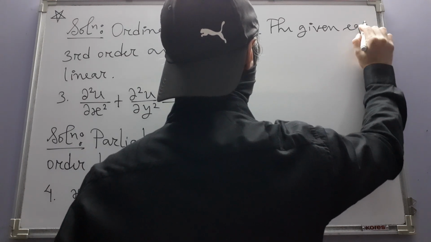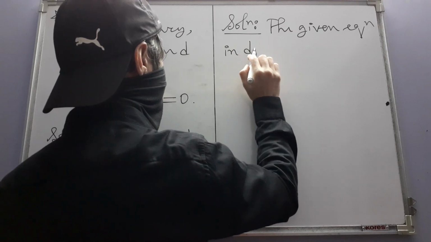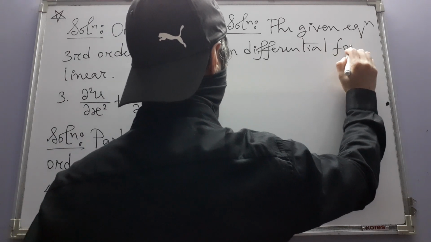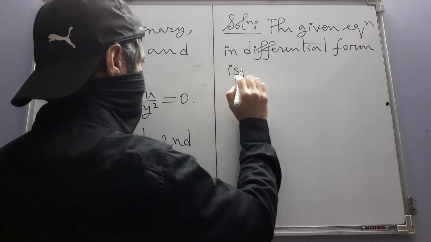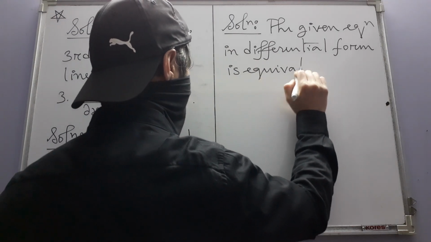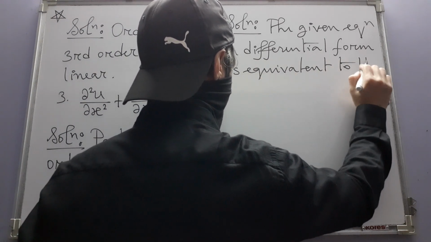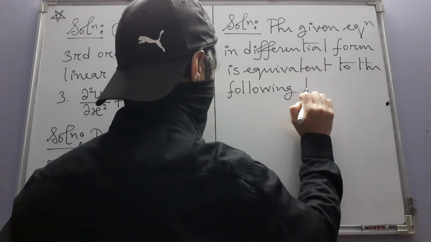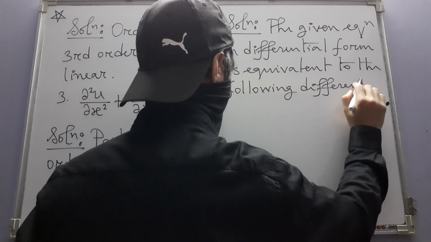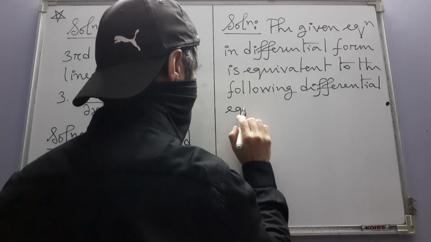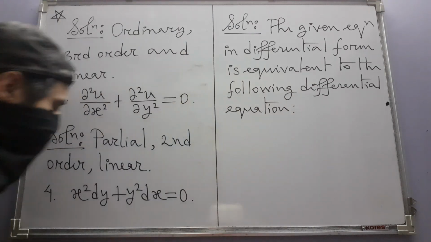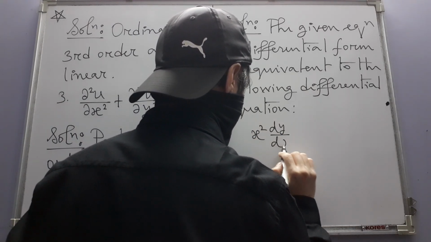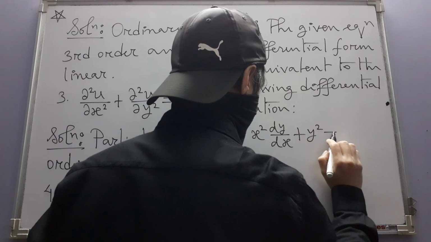The given equation in differential form is equivalent to the following differential equation, which is x squared dy dx plus y squared equal to 0.